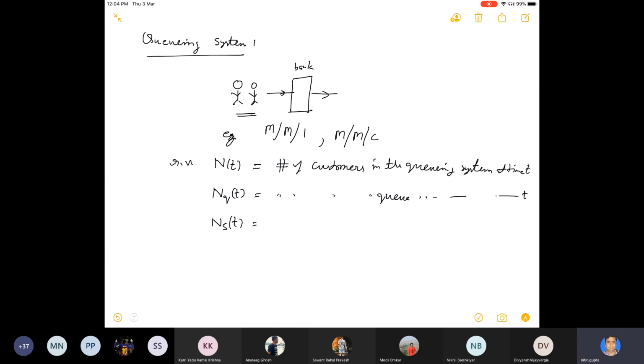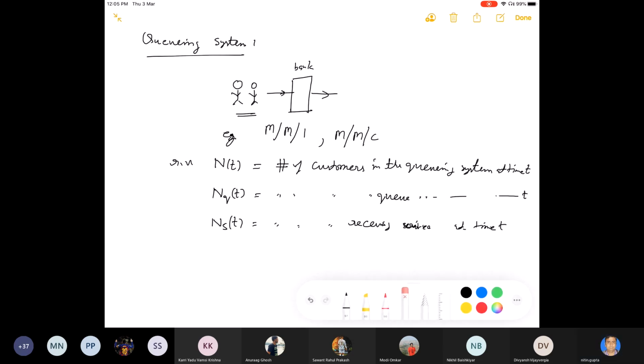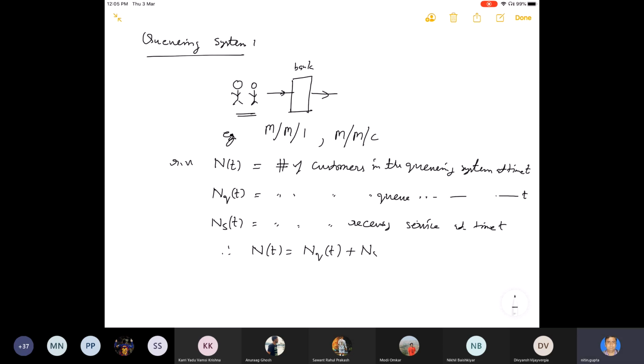NS(t) is the number of customers receiving service at time t. Therefore, N(t) is equal to NQ(t) plus NS(t), because the total number of customers in the queuing system is the number of customers in queue plus the number of customers getting service.